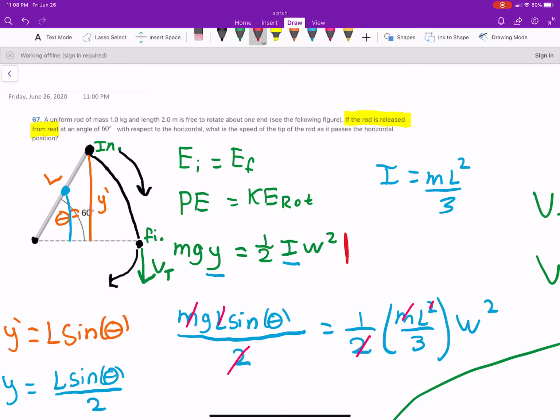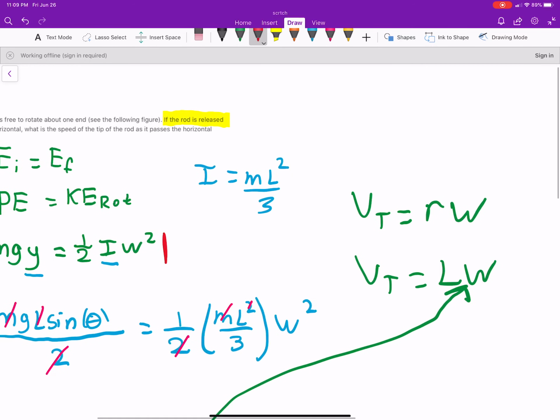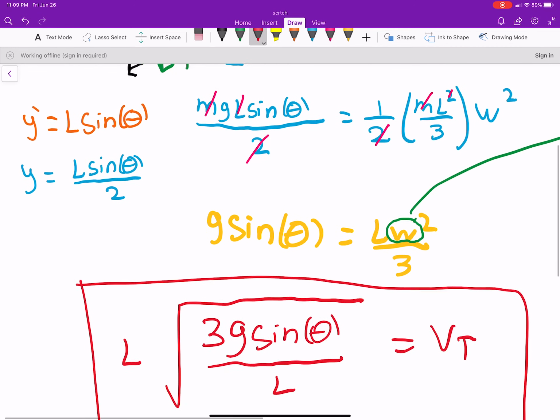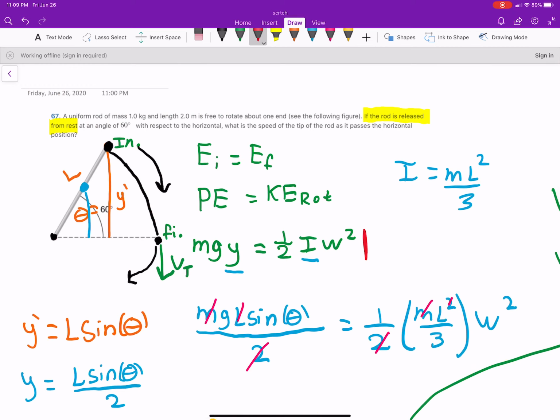We have potential energy equal to rotational kinetic energy. There's no kinetic energy at the top because it's released from rest, and at the bottom you're just going to have your kinetic energy. Then we solve for omega, because with omega we can find our tangential velocity, which is equal to just r omega. And then just algebra. So hopefully conceptually that makes sense.